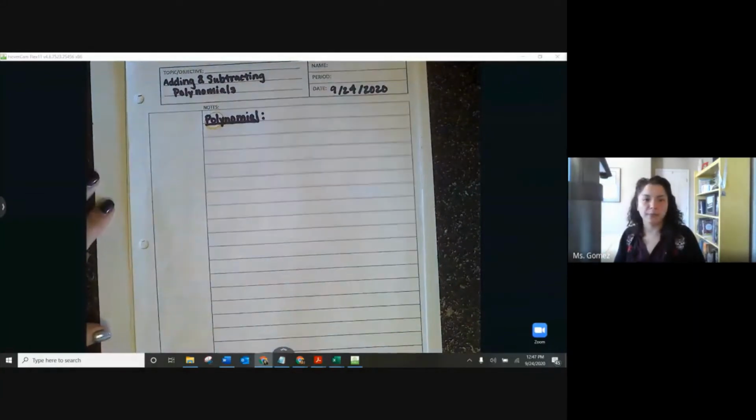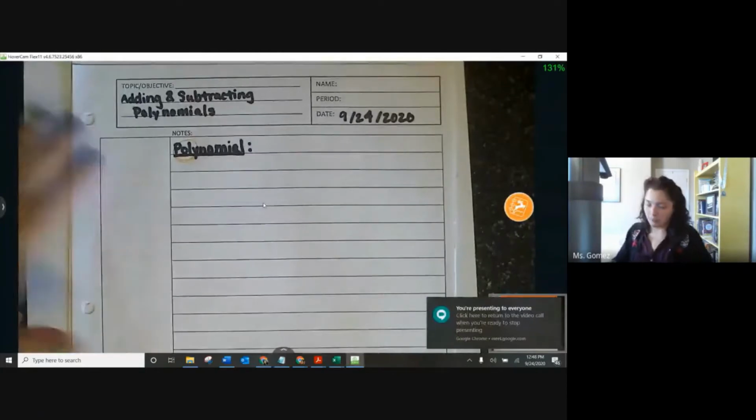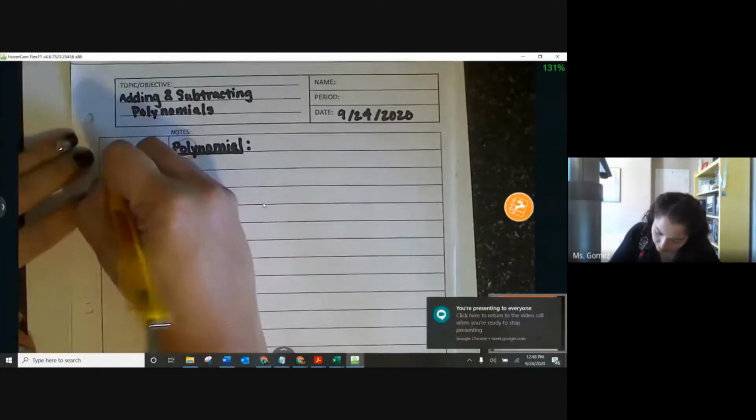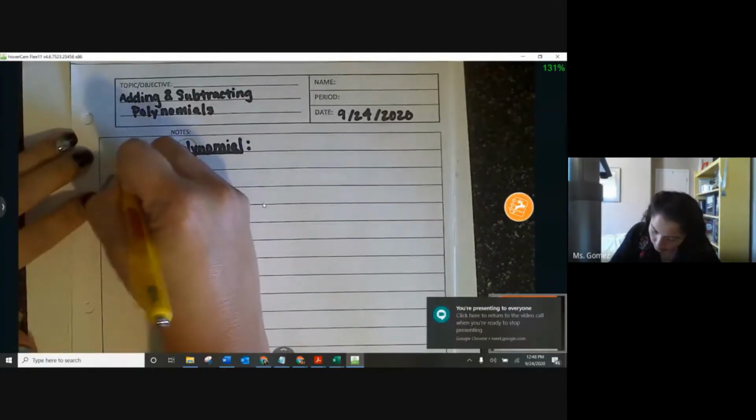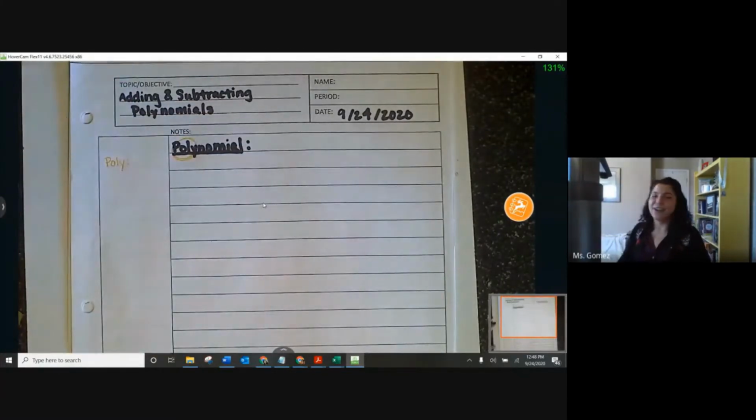Have you guys seen poly before? And I'll zoom in for my blind little bats. Poly, P-O-L-Y. Yeah, kind of like in polygon, right? What does it mean whenever we move to poly?